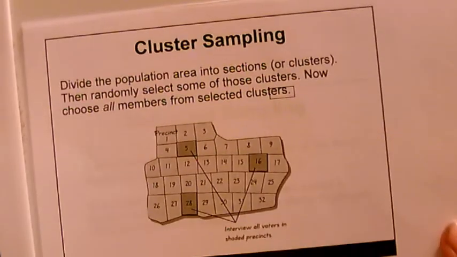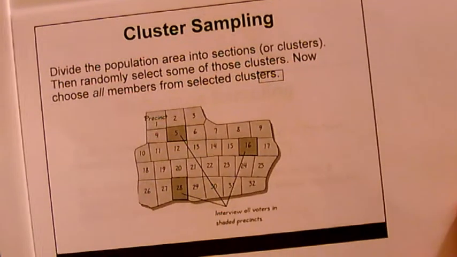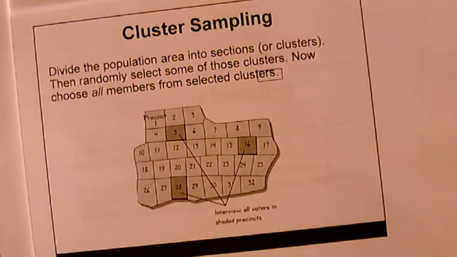And then we have cluster sampling. In a cluster sample, you divide the population area into sections or clusters, and then you randomly select some of those clusters. And then you choose all the members from those selected clusters.